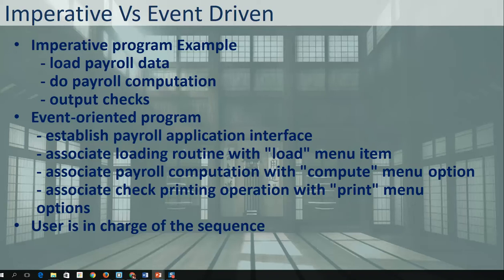In the imperative version, those things occur in order: load payroll, do payroll, output checks, and neither can occur before the other. It's sequential. Here, the item the user selects determines what gets done. Most user interface code is event oriented, so we say the user is in charge of the sequence of operation.